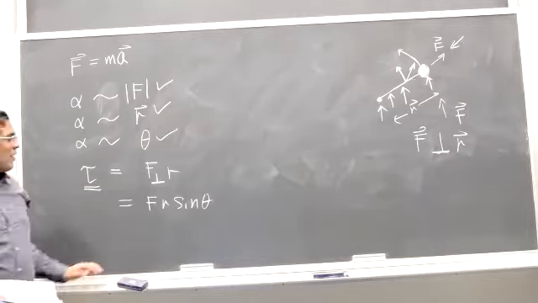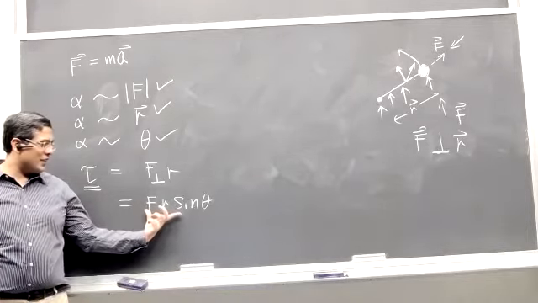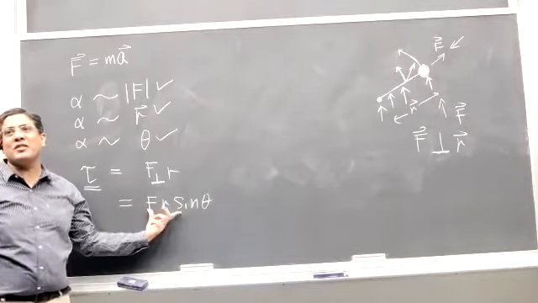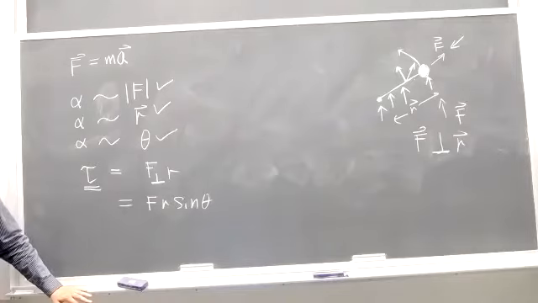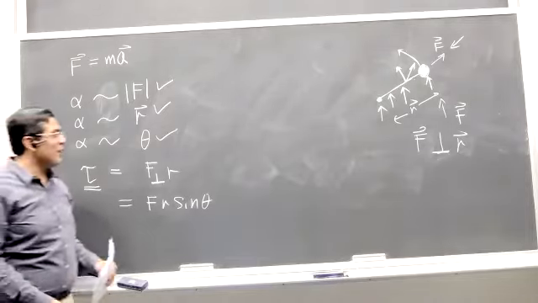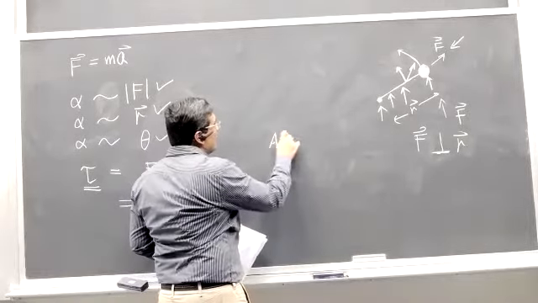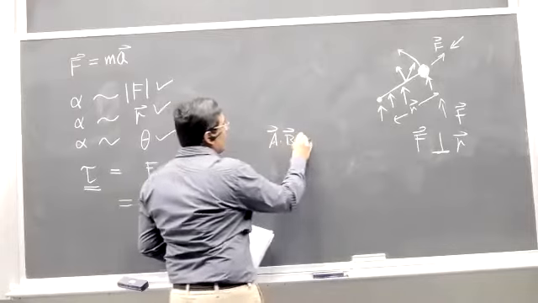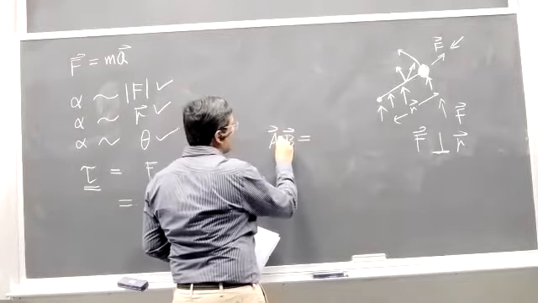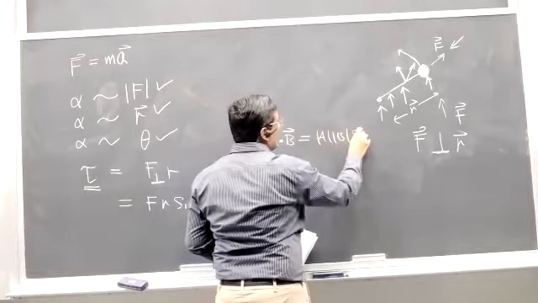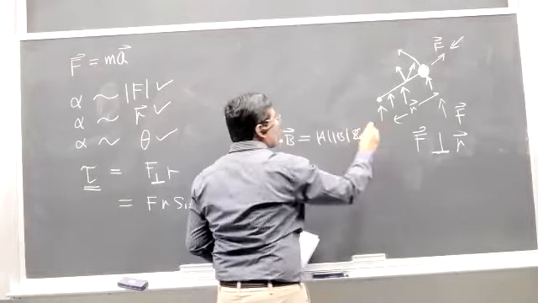Okay. So can I write this in a more general way? F R sine theta. Are you familiar with something? For example, you know that A dot B, the dot product between two vectors, is A B cosine theta.